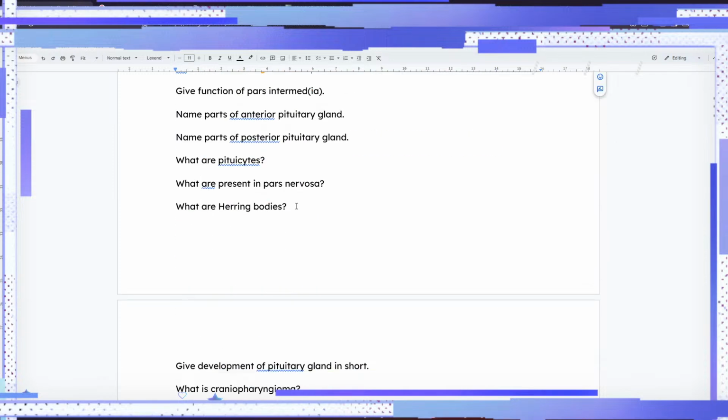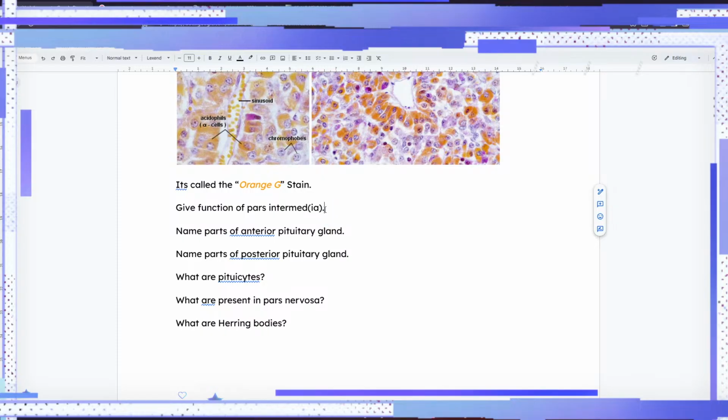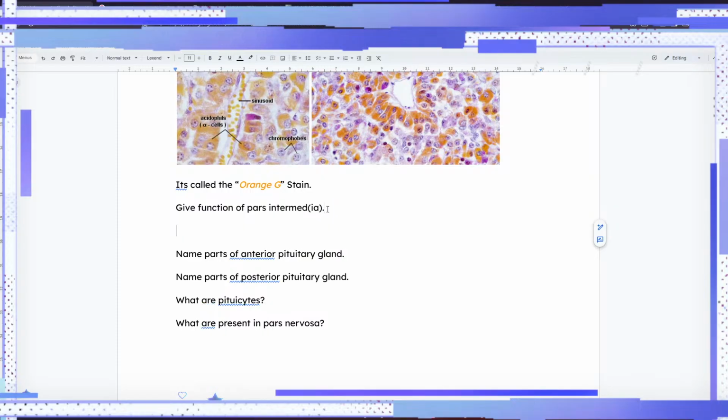Next question. Pars intermedia. It secretes melanocyte stimulating hormone. That's literally what it does.